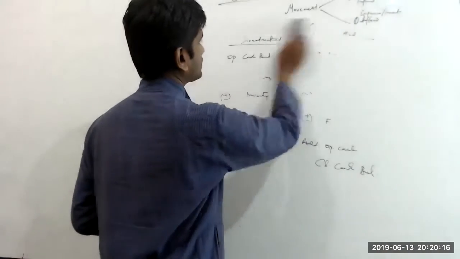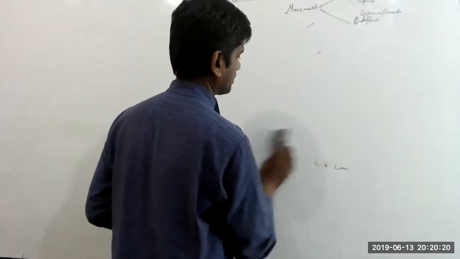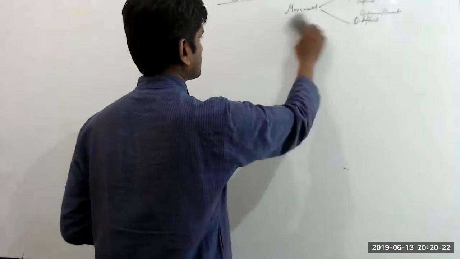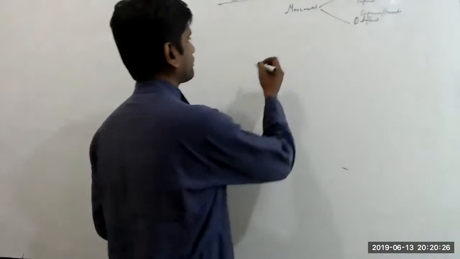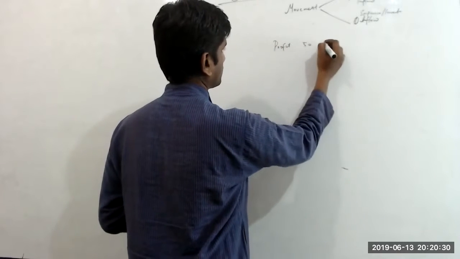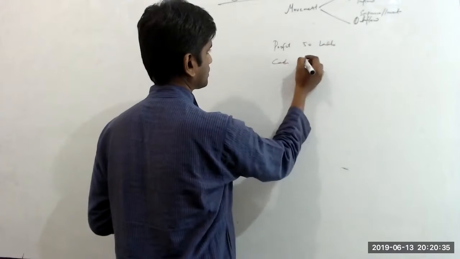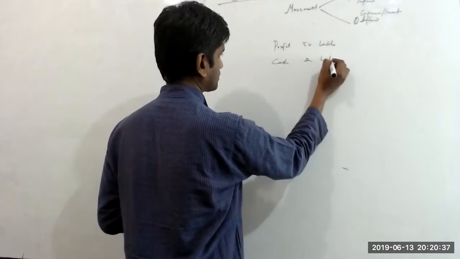So what is the importance of the indirect method of cash flow statement? Let us take, for example, a company that has a profit of 50 lakhs, whereas the cash balance is only 2 lakhs.